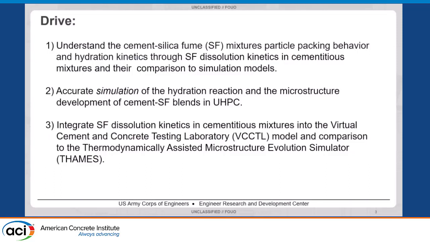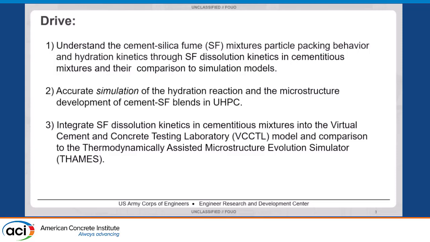We go to the lab and we figure out the silica fume hydration kinetics experimentally. We design the experiments, we go in the lab, we use isothermal calorimetry heavily, and we get the result. But the question is, can we really use these experimental data to get some useful simulation results? For example, can we put them into the Virtual Cement and Concrete Testing Laboratory modeling, VCCTL?